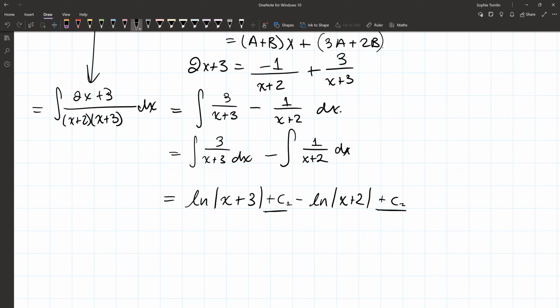We don't have to, because we still don't know what they are. Or we can just squish them into one constant of integration for this whole thing, plus C, which is these 2 constants added together. So that's a partial fractions question.